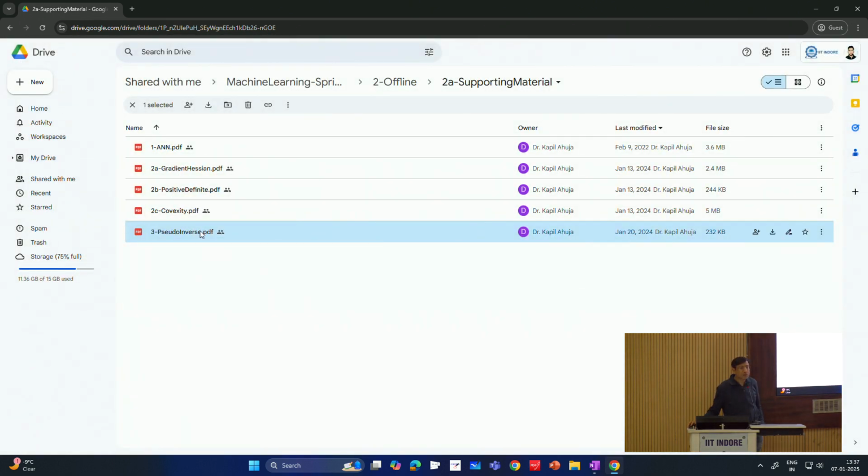The CS undergraduates already know these four things because we have done them in optimization. You can go over it offline. We'll keep referring to it in today's class as we go along.